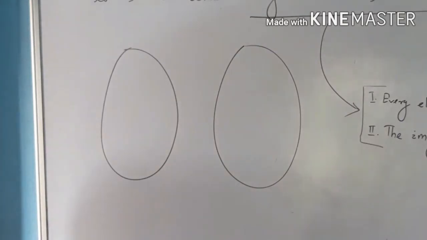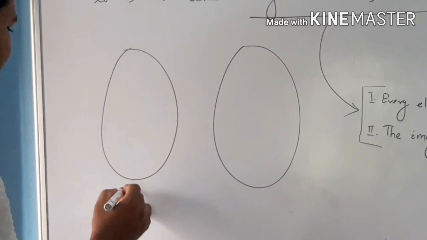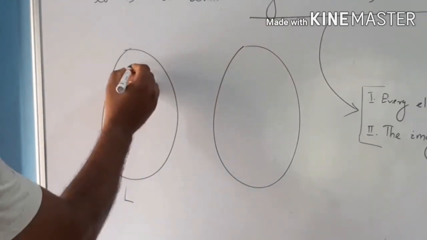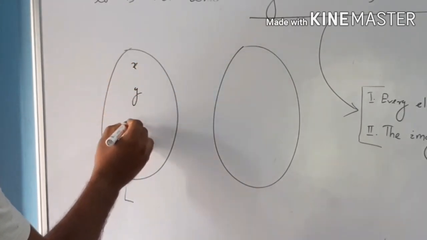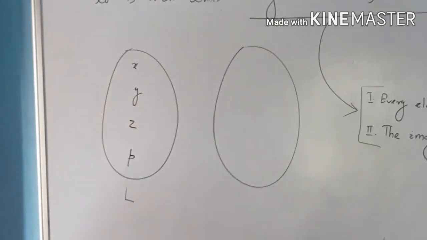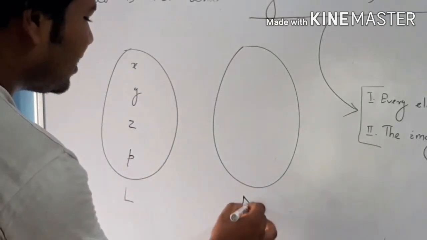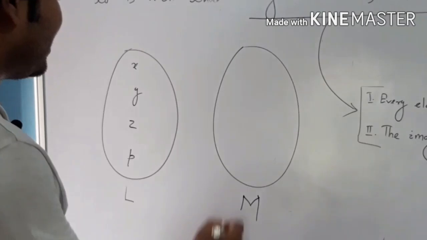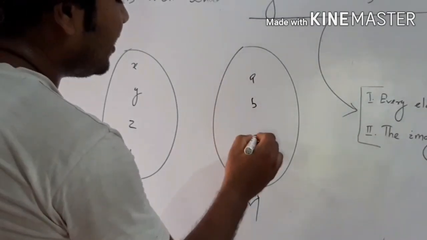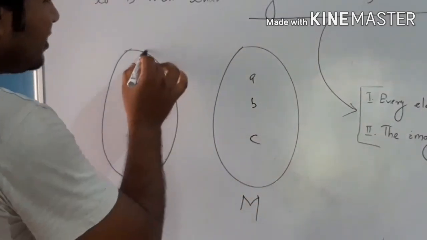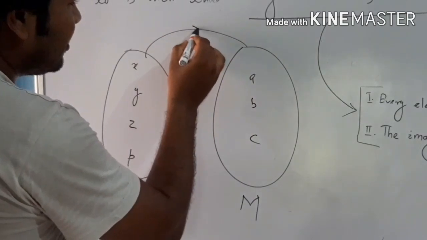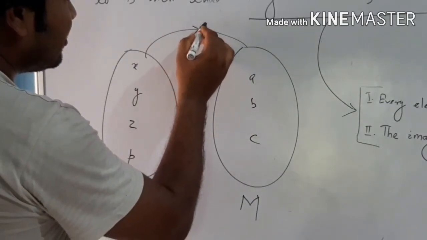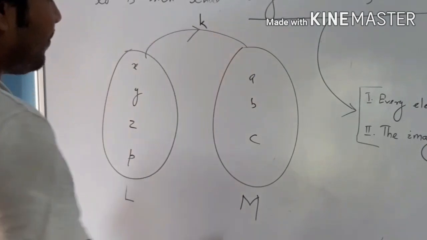Now I would like to explain the definition of functions with one more example, taking two sets: L consisting of 4 elements X, Y, Z, and P, and one more set M consisting of 3 elements A, B, C. So this is my relation, say small k.